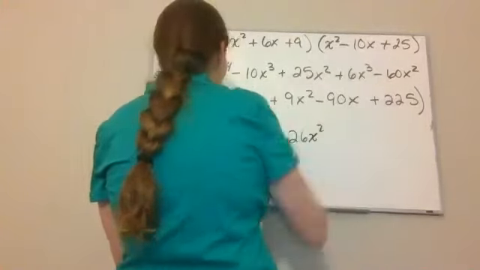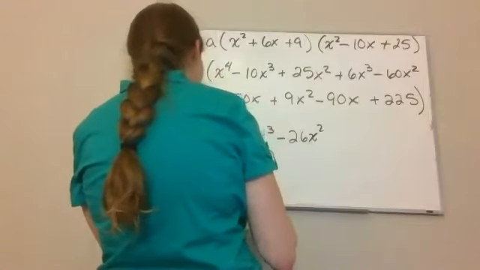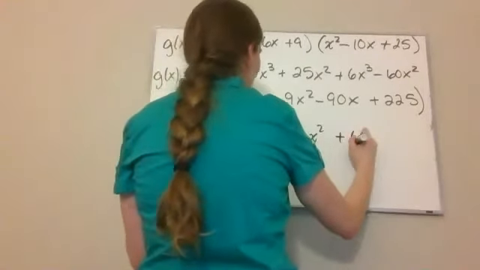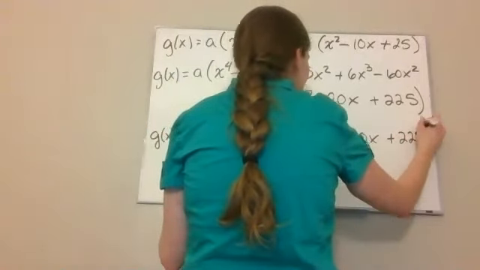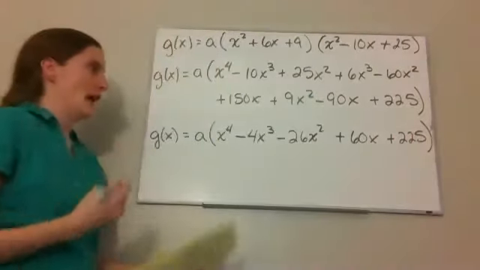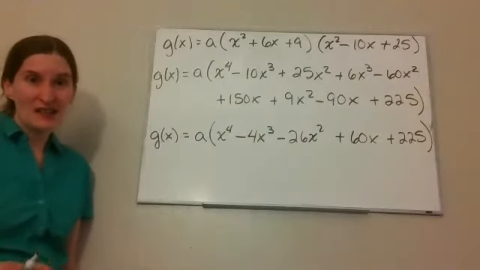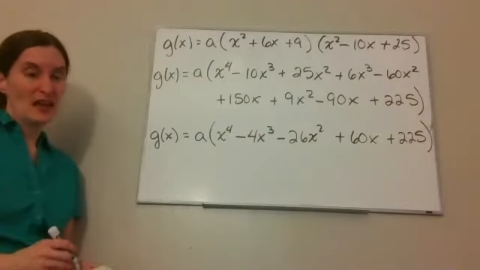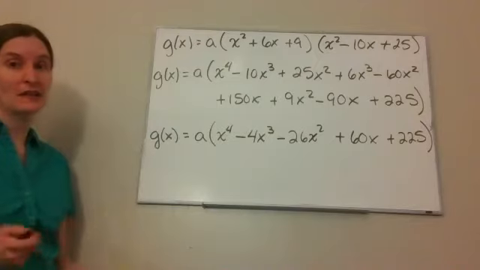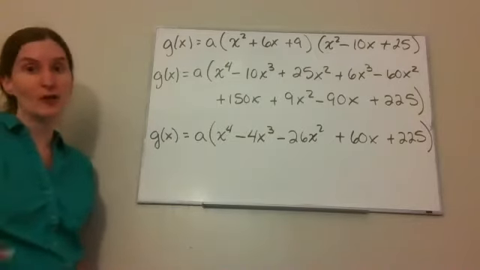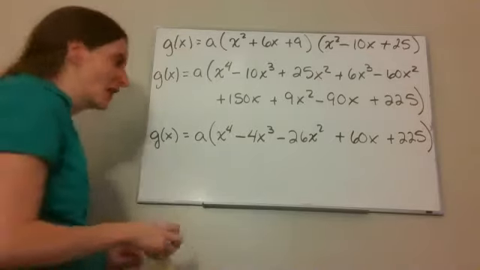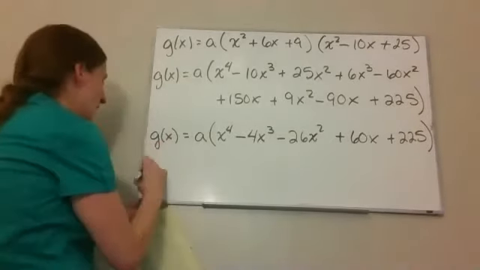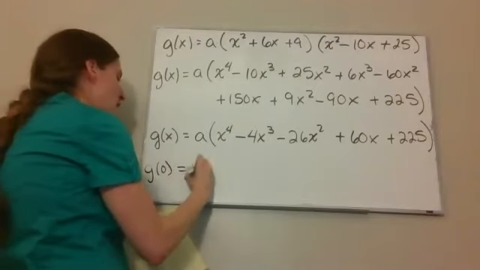I didn't see that guy there. 26x squared, a plus 60x, and a plus 225. And now we just have to figure out, is this my polynomial? It has the correct zeros. It has the least degree possible for a polynomial with 4 zeros. The only thing we have left to check is, is g of 0 equal to 450?